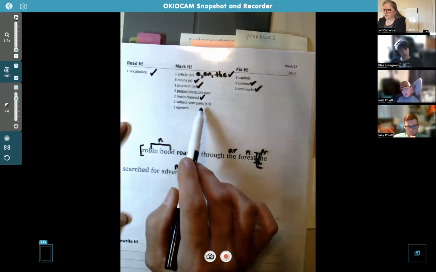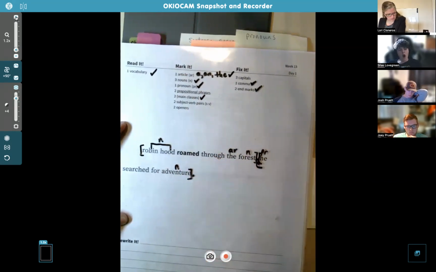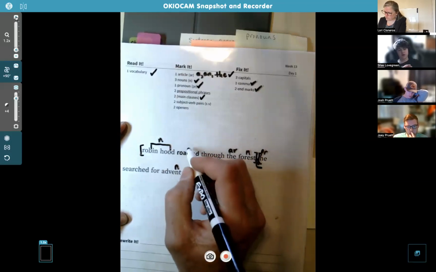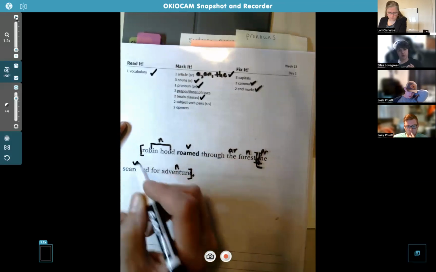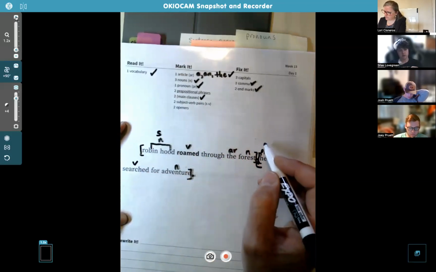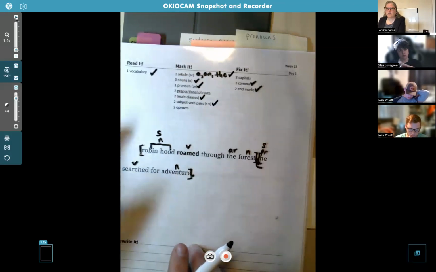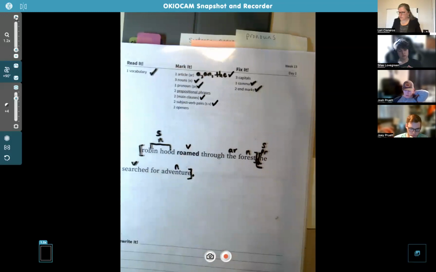And then back to this subject verb pair. So Silas, what are the verbs in these sentences here? Roamed and searched. Correct. So Robin Hood roamed and he searched. Yep. You got it. How about Josh?